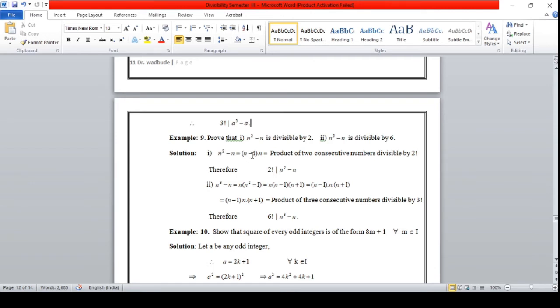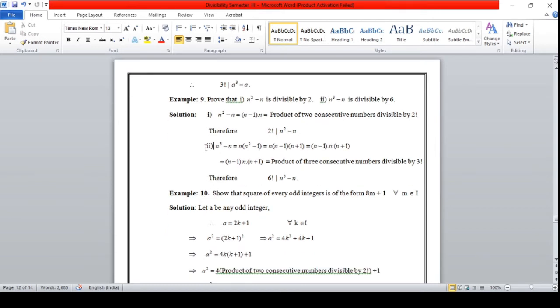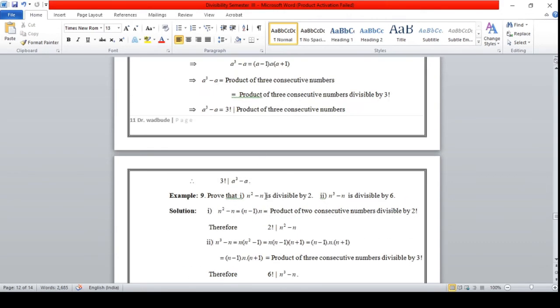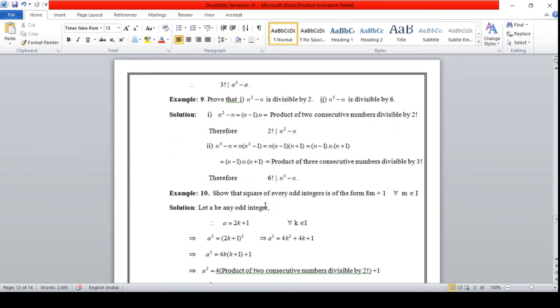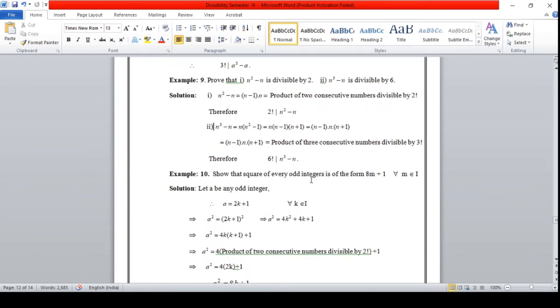The first consecutive number is n minus 1 and the second is n. So it is divisible by 2 factorial by the previous theorem. Second part: n cubed minus n is like a cubed minus a, and 3 factorial means 6, which is already proved.